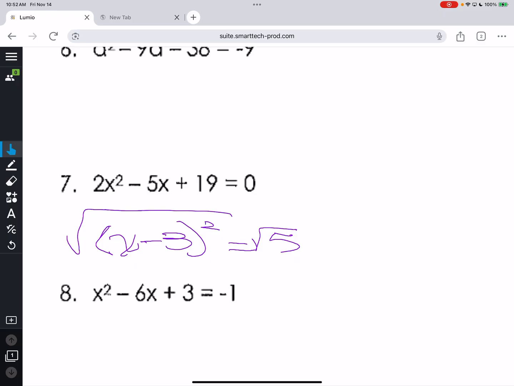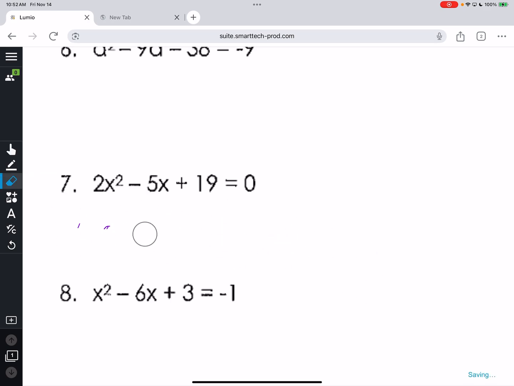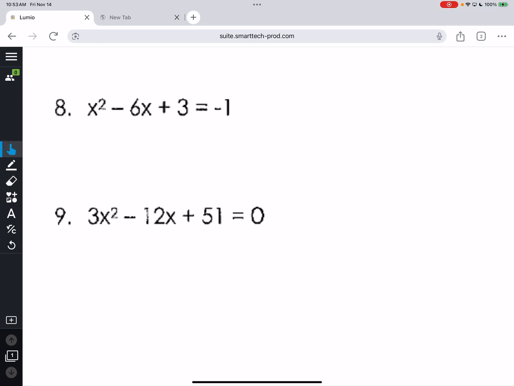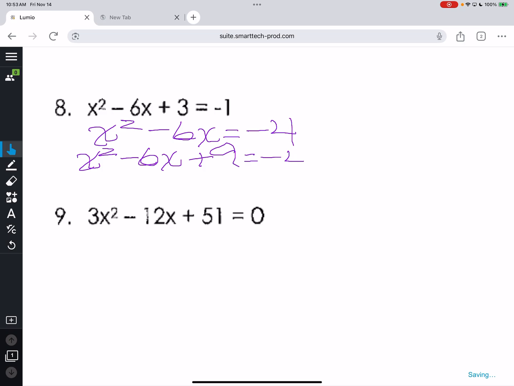Can you put it all into the same radical? Could I have just done radical x minus 3 squared equals 5 all under the same radical? Well, you have that equal sign in the middle, but probably. So you would have x squared minus 6x equals -4. Then x squared, half of 6 is 3, 3 squared is 9, plus 9.